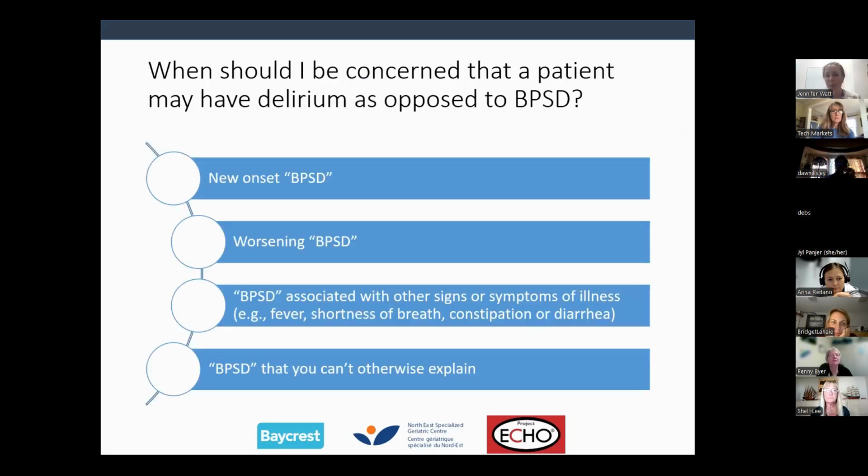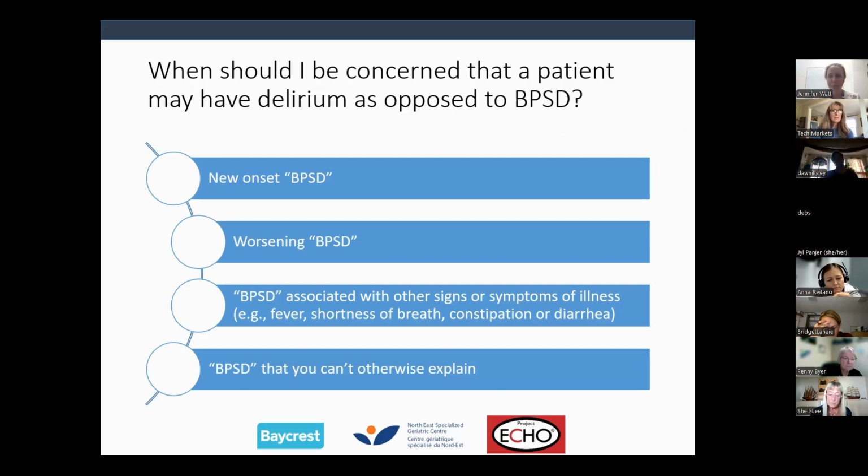And when should you suspect delirium? Certainly if you're being asked to see somebody who has a new onset BPSD, it's always incumbent upon us to look for those potentially reversible things that could actually be delirium related. If there's suddenly worsening BPSD, that could also be delirium and should make you think about trying to make sure there's no underlying medical precipitant for this change.